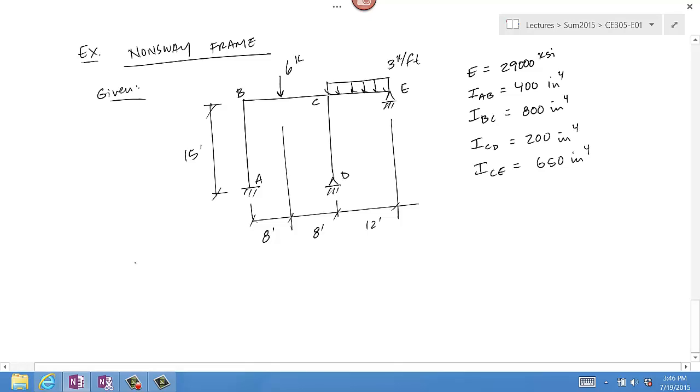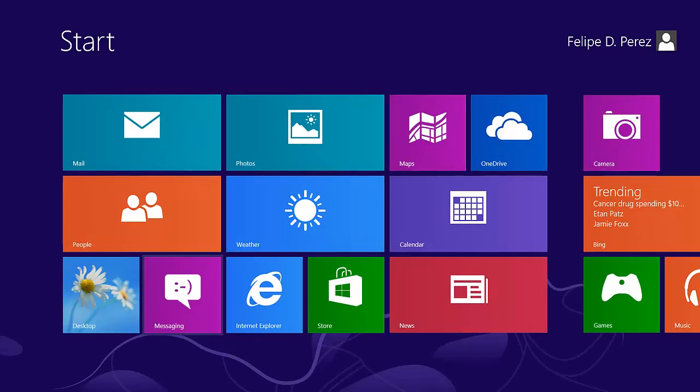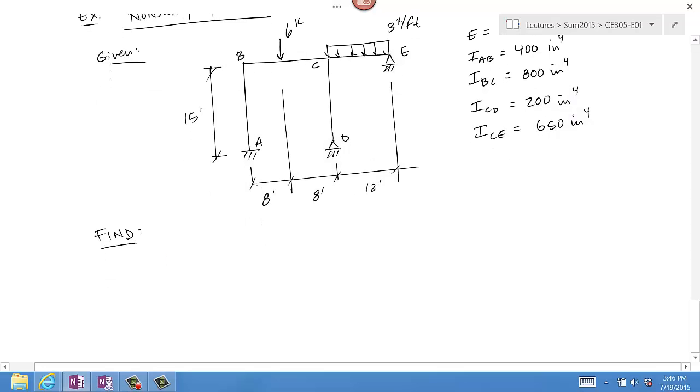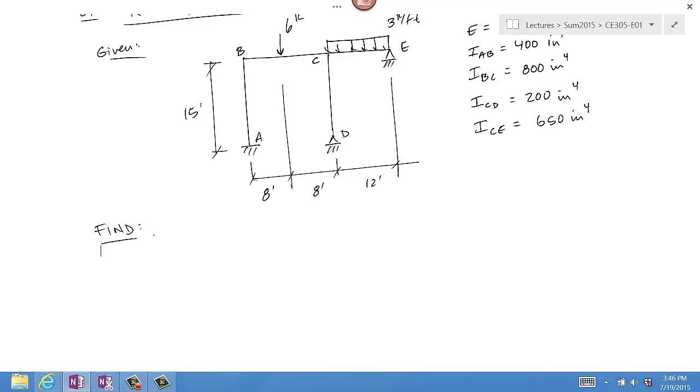and we are asked to calculate the internal moments at each joint. So I'll just say at each member end.